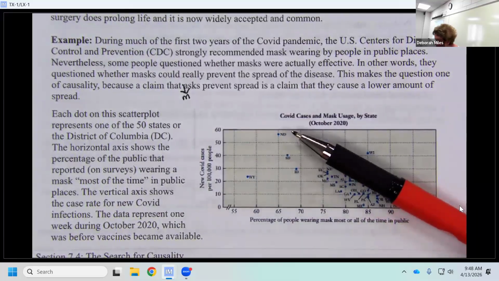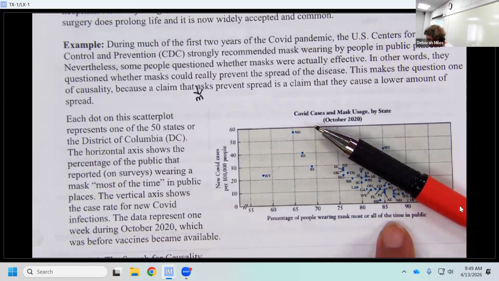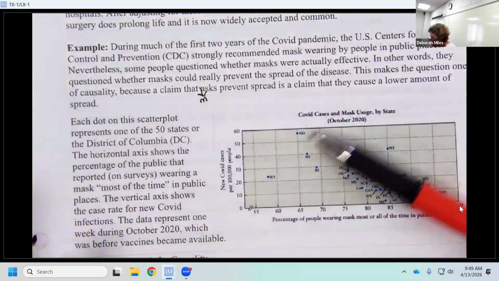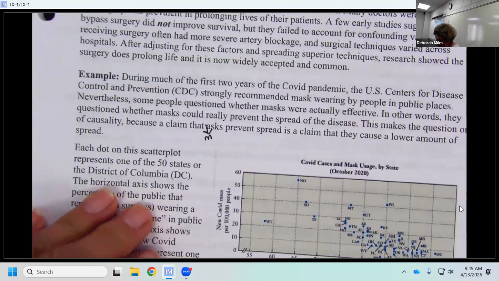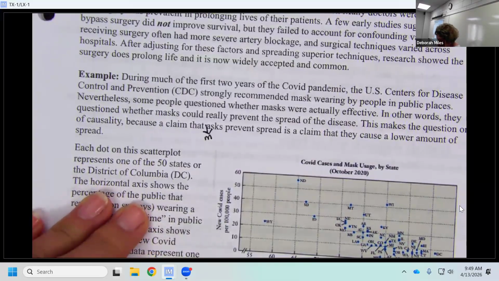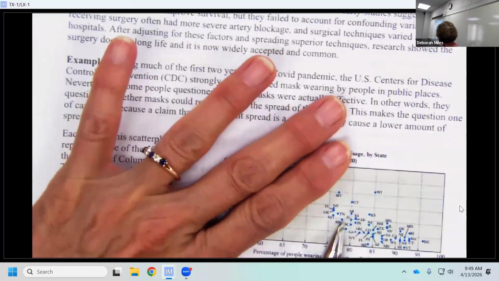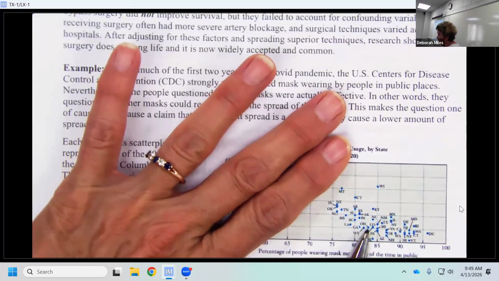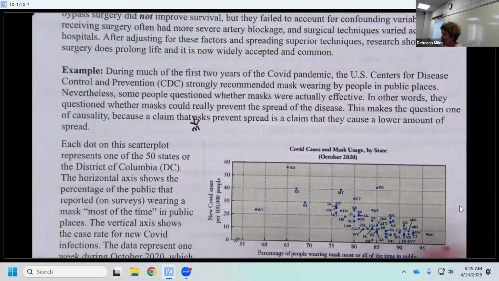Definitely going downhill. So the higher the percent of people wearing masks, the lower the number of new COVID cases. I guess if you threw out those few outliers, I'd say that's a pretty strong correlation. But with these outliers, that certainly does diminish the correlation.